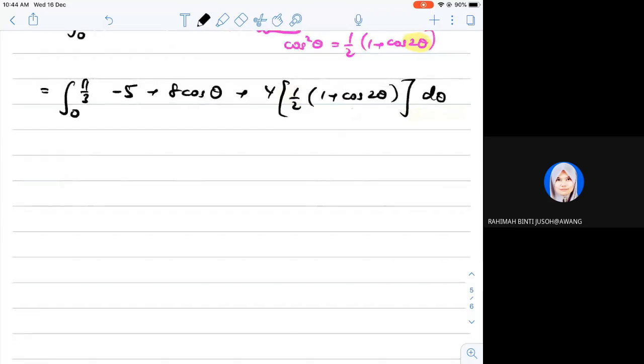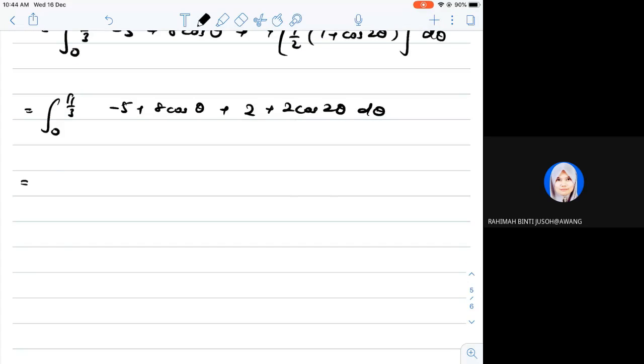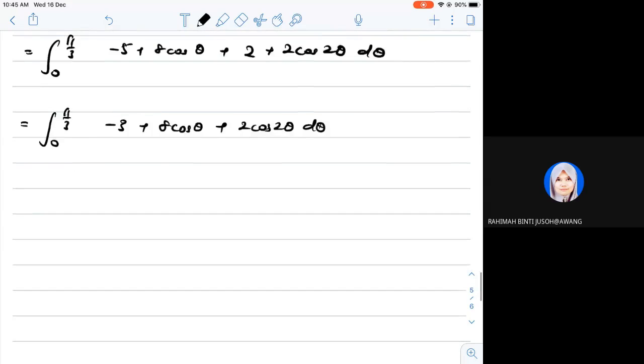Let's expand this again: 0 until pi over 3, negative 5 plus 8 cos theta plus 4 times half is 2, plus 2 cos 2 theta d theta. So our integration becomes negative 5 plus 2 is negative 3, plus 8 cos theta plus 2 cos 2 theta d theta.